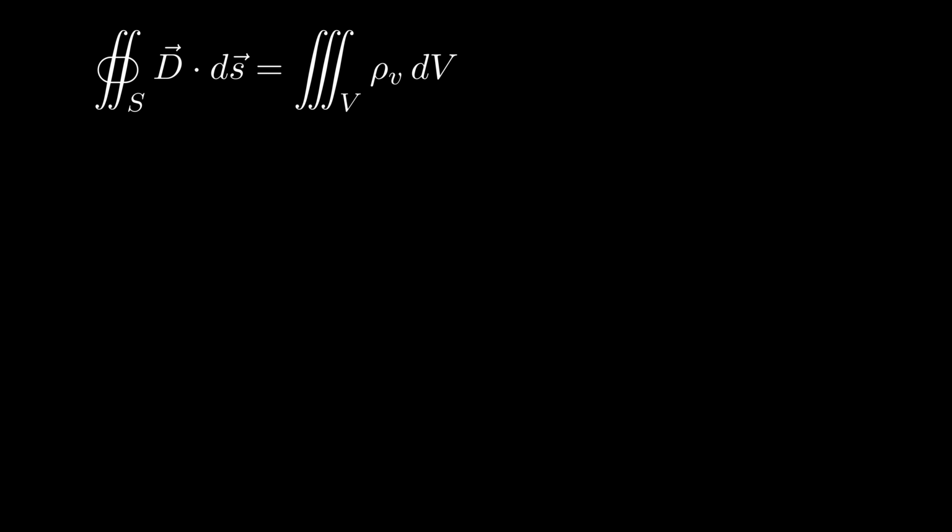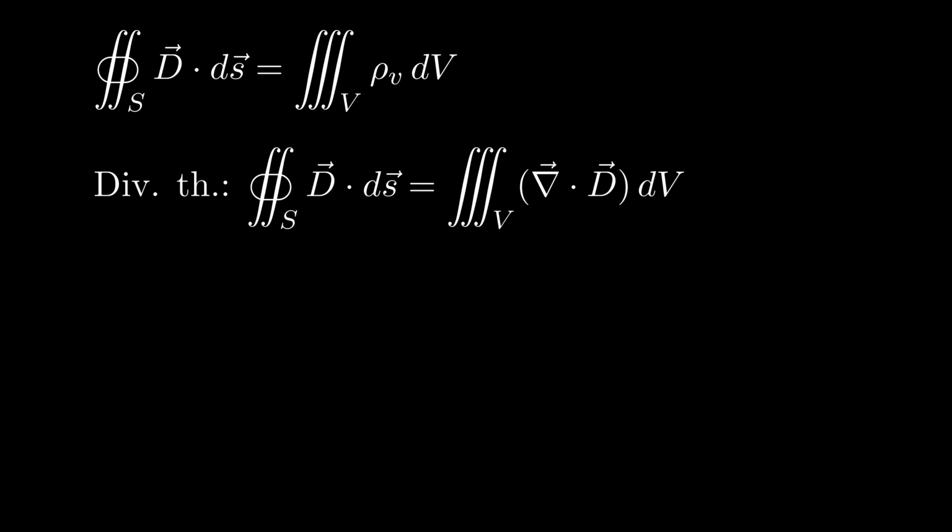Now, let us apply Gauss's divergence theorem, which states that the closed surface integral of D with respect to the surface element is equal to the volume integral of the divergence of D with respect to the volume element.